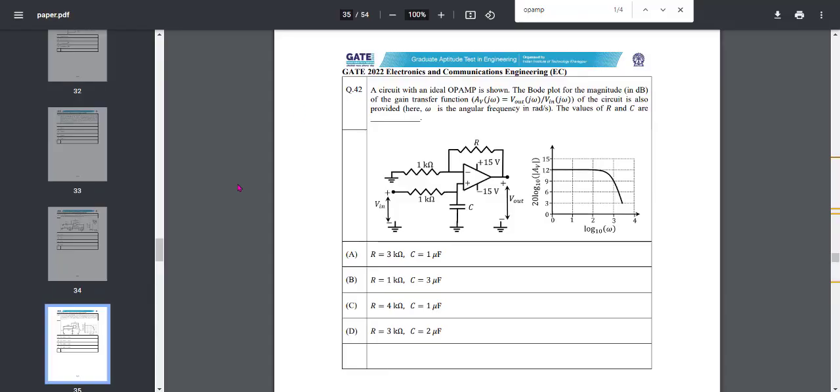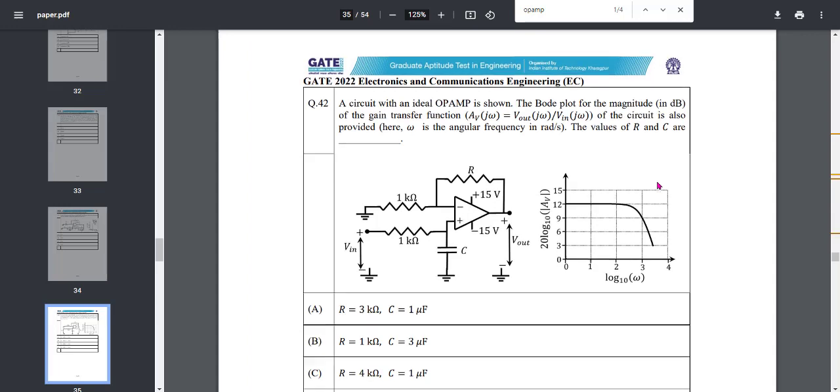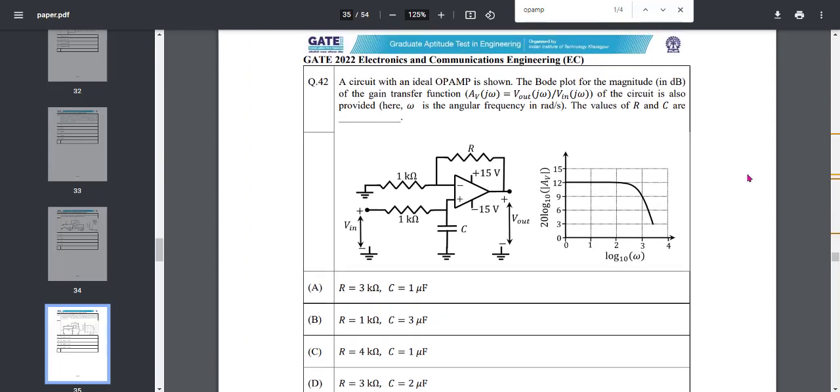You can see the question, right? Should I zoom it? Please take a photo of this and then we will start with the question.